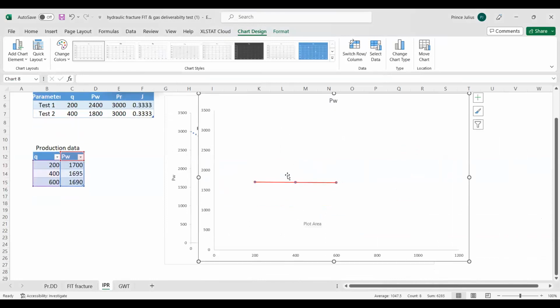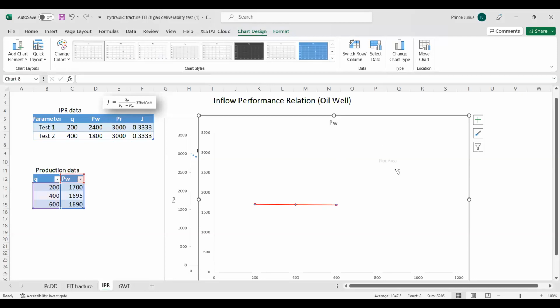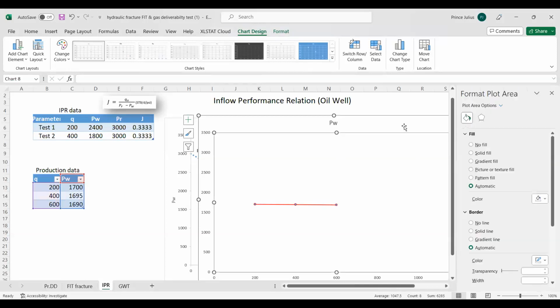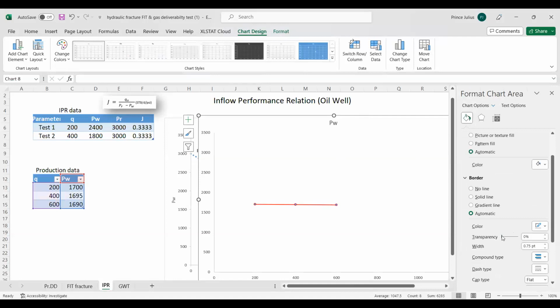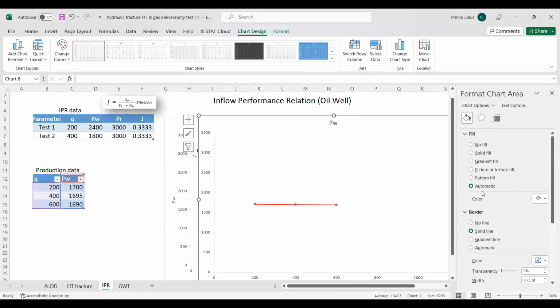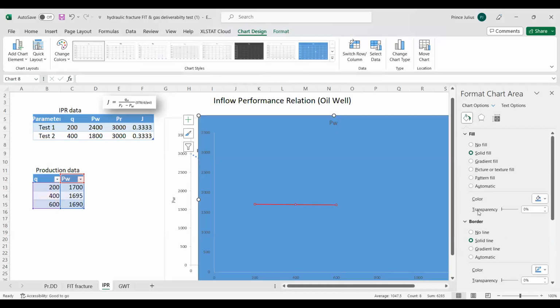So right now I need to put it on top, but I cannot see directly. So what I have to do is minimize the background area, it has to be transparent in such a way that we can understand what is happening on the other side. For that, I am adjusting the format chart area and trying to keep it transparent, not fill solid line.